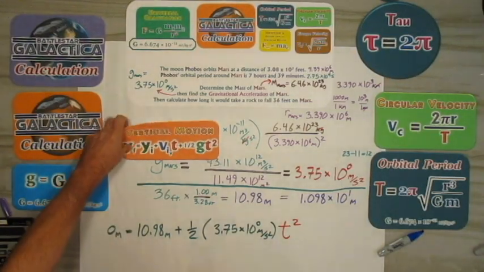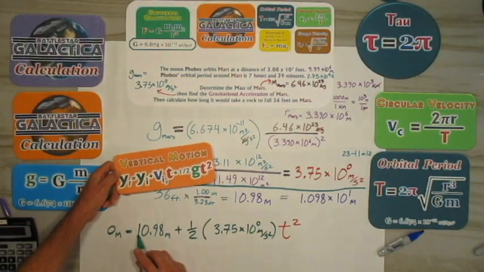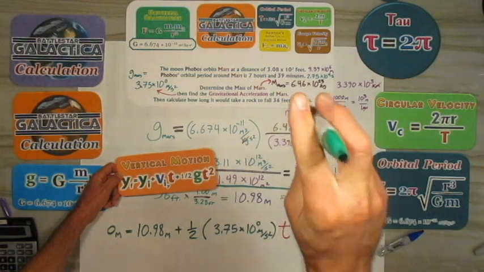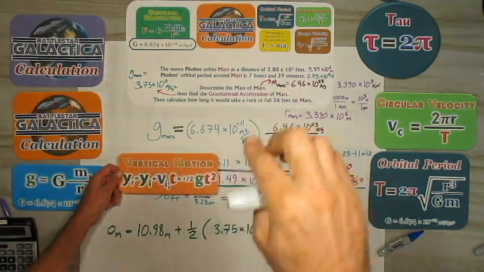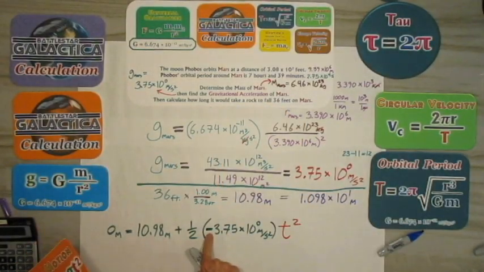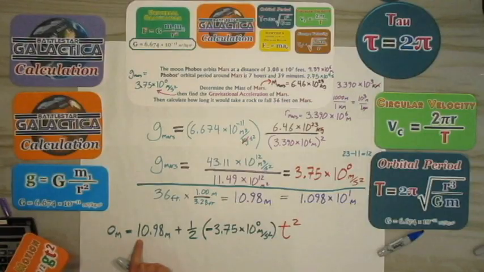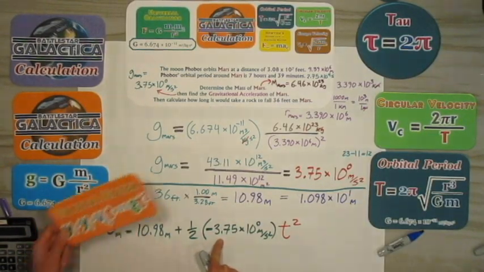Okay, the only thing is here, guys, that because we've defined this height as positive, and heights are measured above the ground positively, that means that the gravitational acceleration, which is toward the ground, is going to be negative. So don't forget, if you define something as positive, that determines whether the gravitational acceleration is positive or negative.